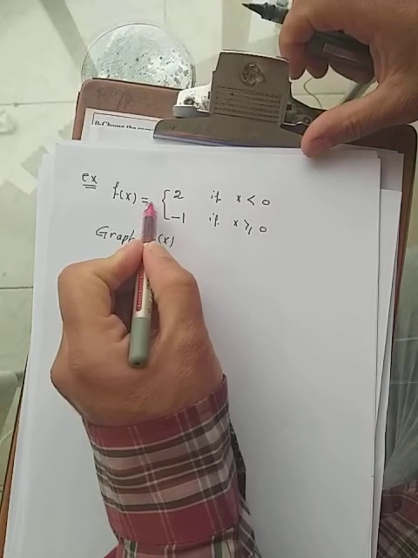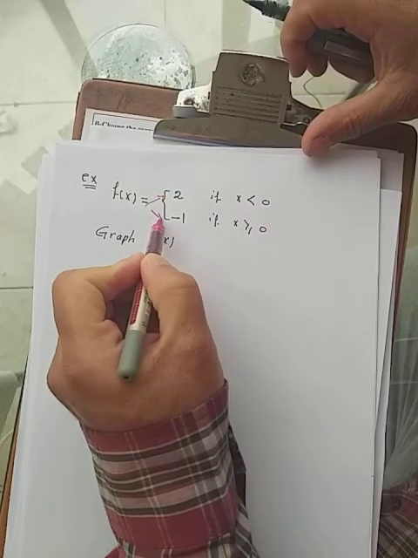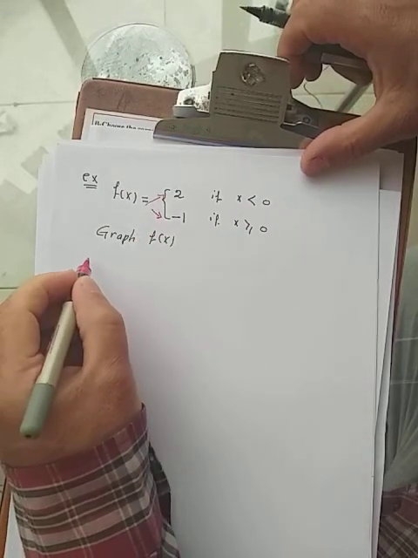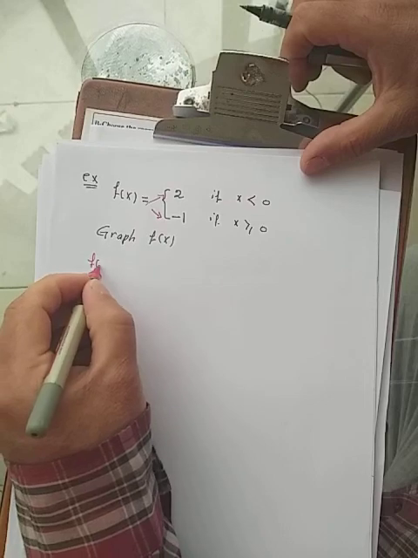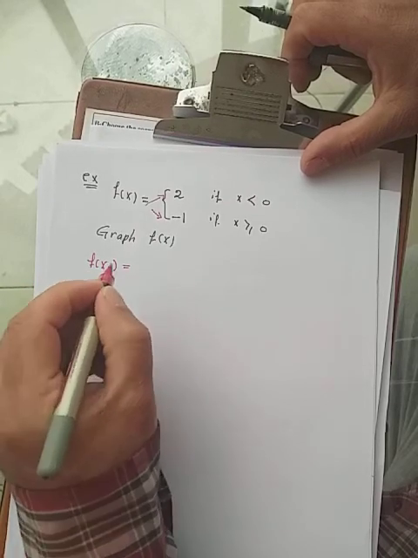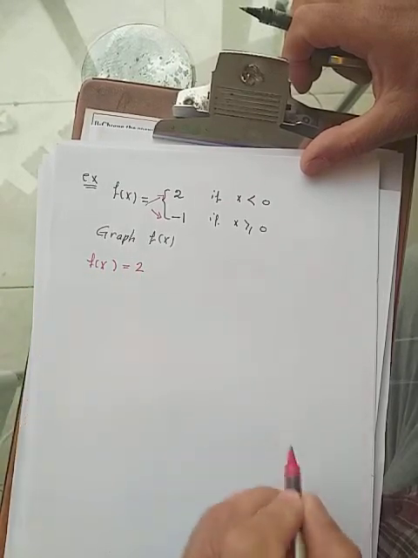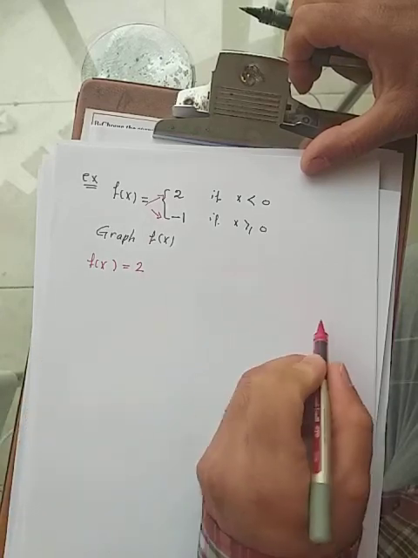To graph this function, we have to graph this one first, then this one. We start with f of x equal to 2. This is a horizontal line.